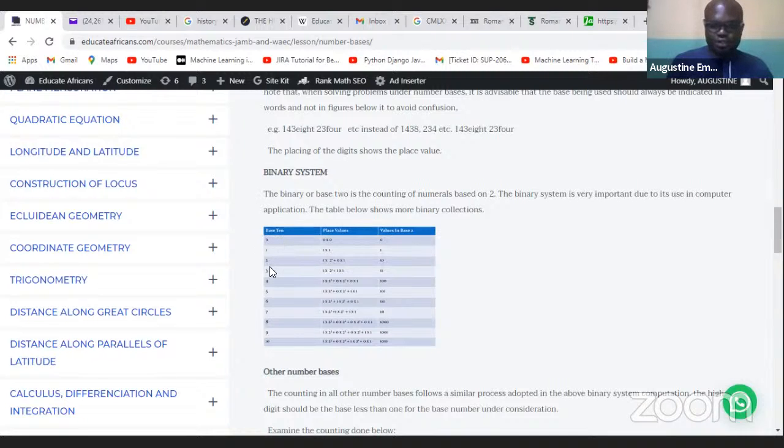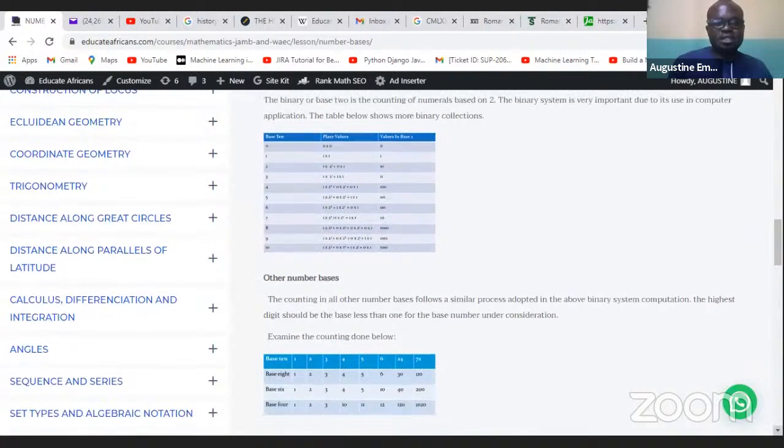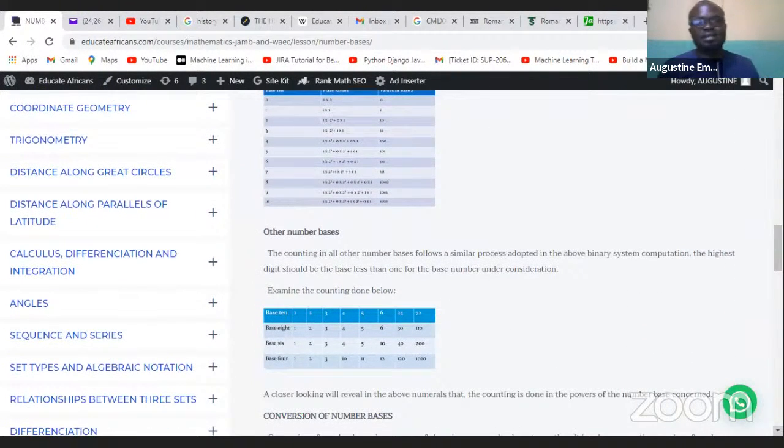The number 2 in base 10, if you convert it to base 2, becomes 1, 0. The number 3 is 1, 1. And the number 4 is 1, 0, 0. So take note of these arrangements.